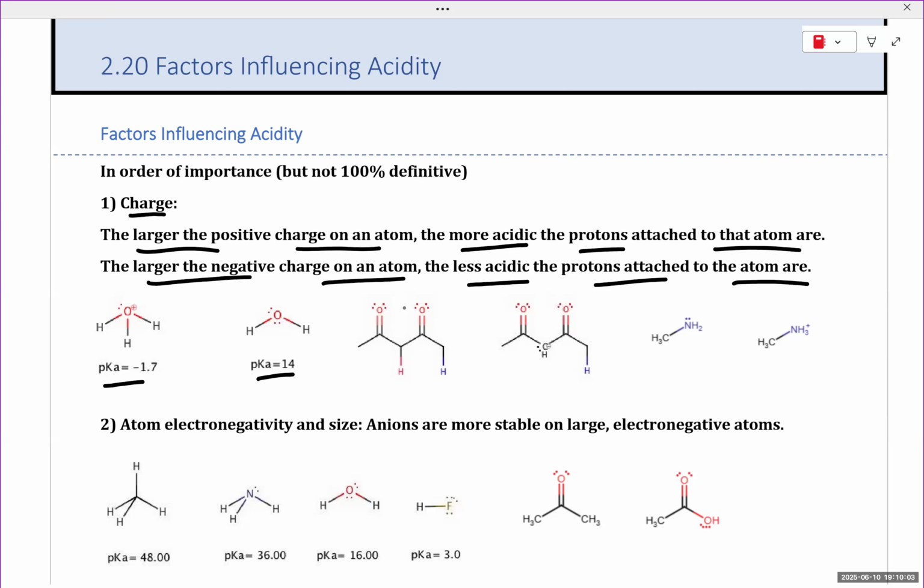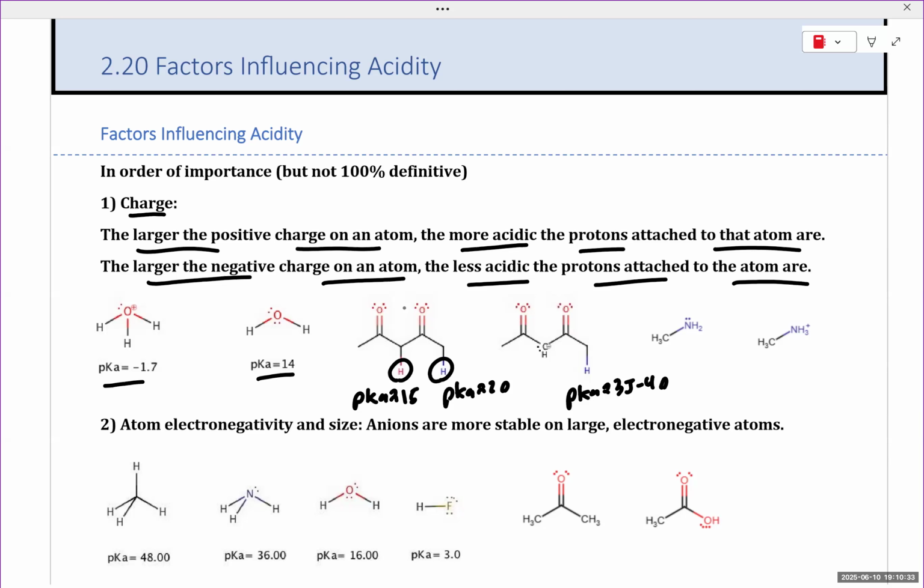By the same token, if we look at the acidity of this parent compound, we have two protons. This proton has a pKa somewhere around 15. This proton has a pKa somewhere around 20. The moment you pull off a proton and you generate an anion, this pKa shoots up to somewhere around 35 to 40.